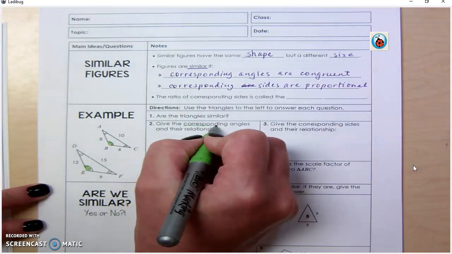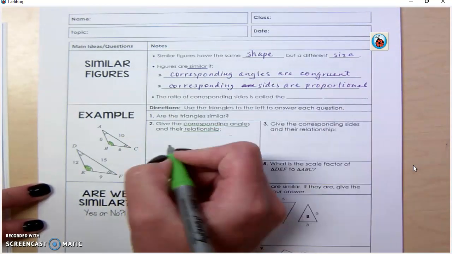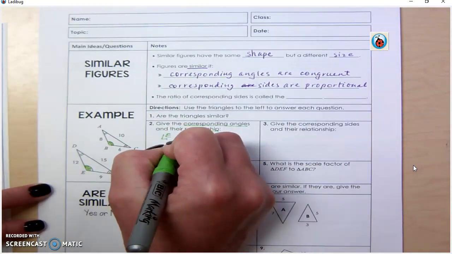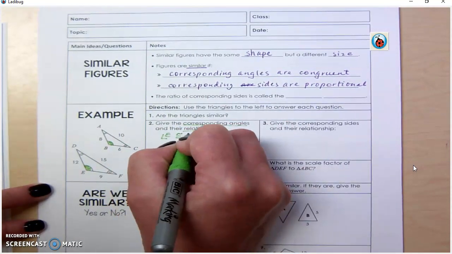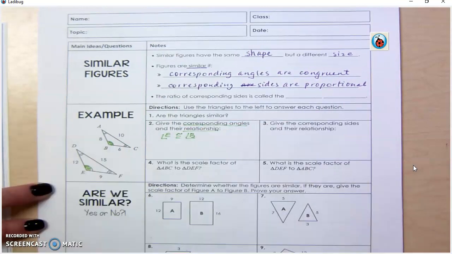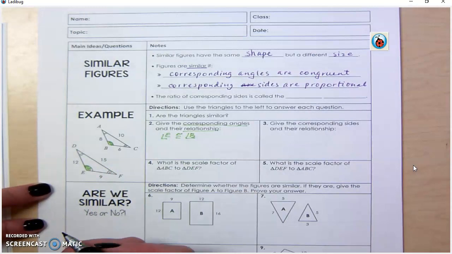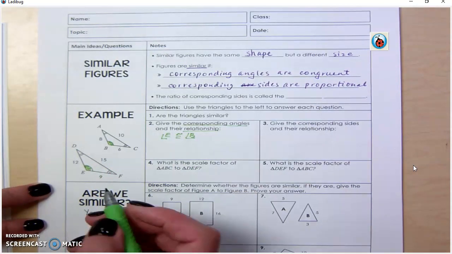So when we talk about their relationship, we would say angle E is congruent to angle B. The symbol that I'm drawing is two lines and the little squiggly. That represents congruent.